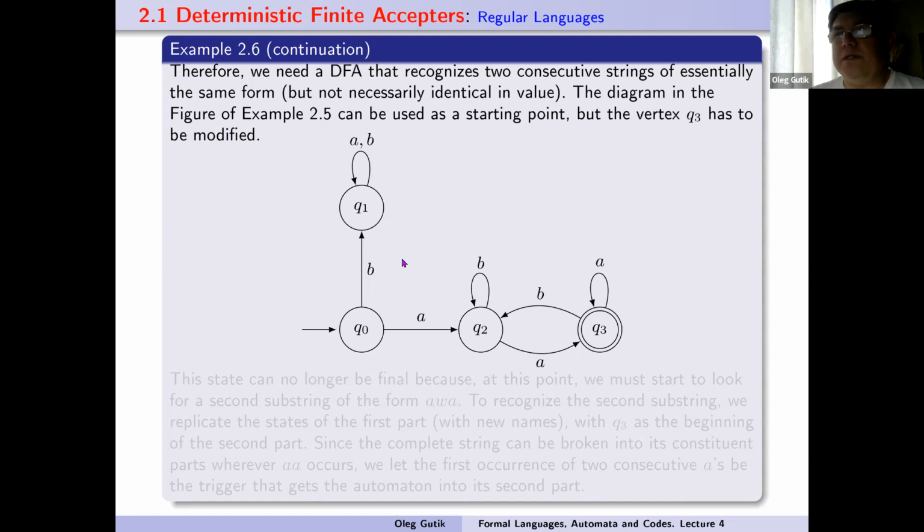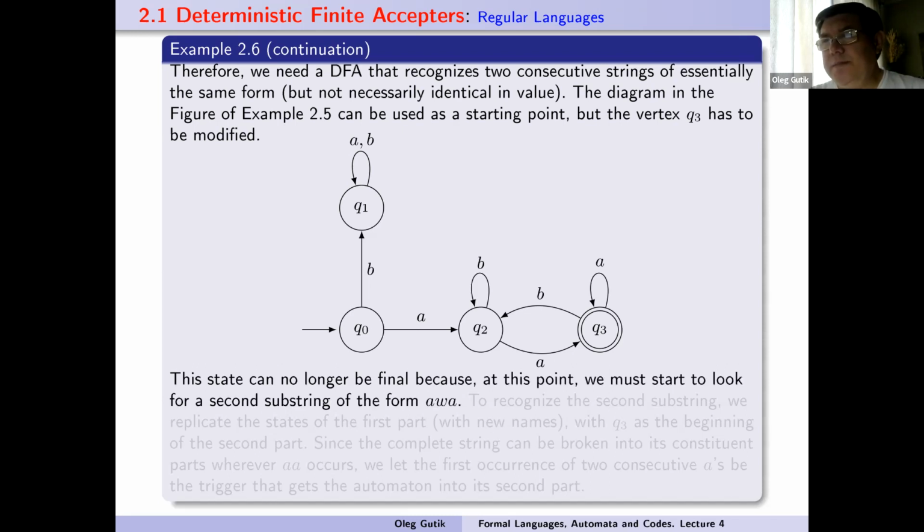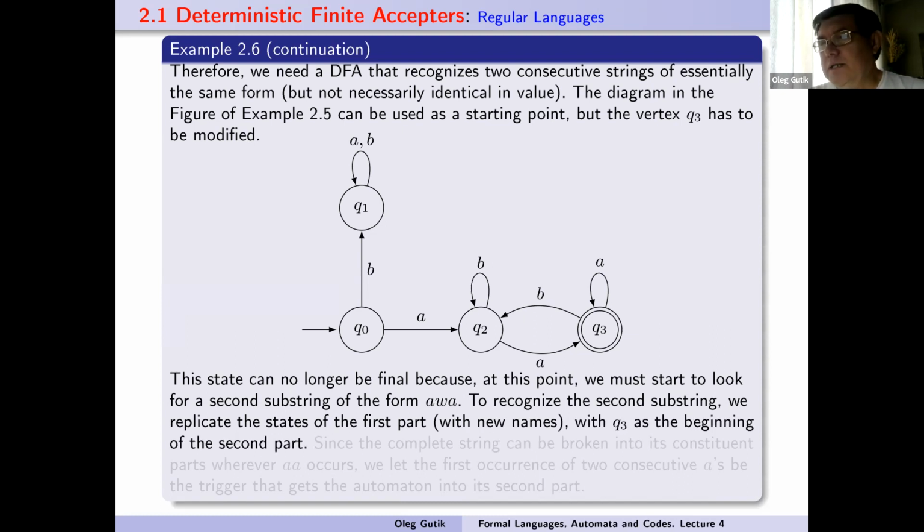Here is the automaton from example 2.5. The state can no longer be final, because at this point we must start to look for the second substring of the form AWA. To recognize the second substring, we replicate the states of the first part, with new names, with Q3 as the beginning of the second part.